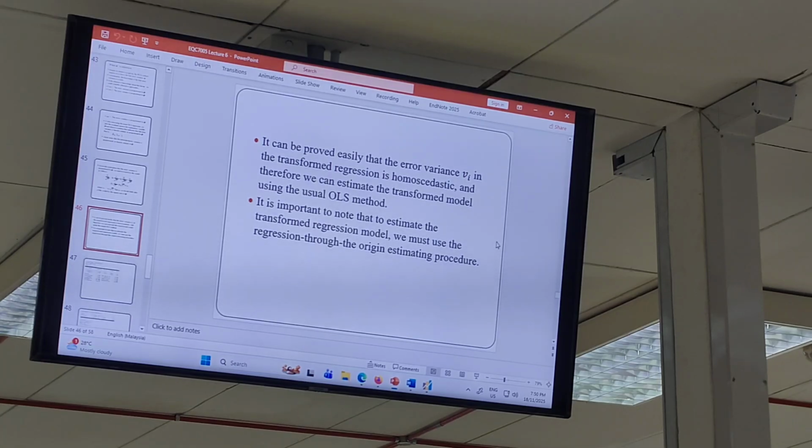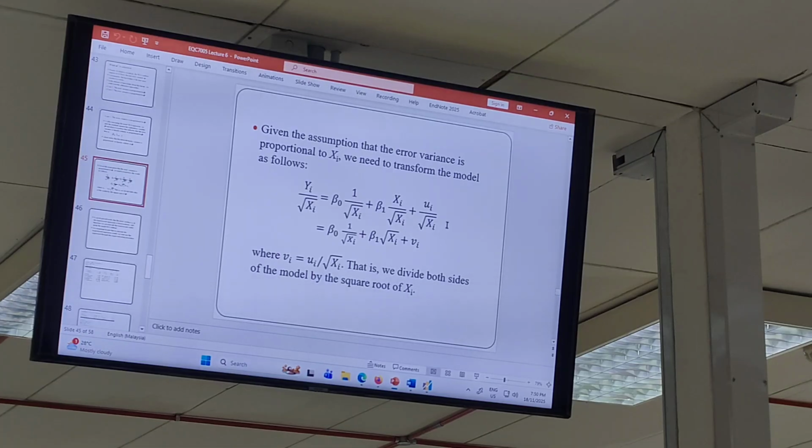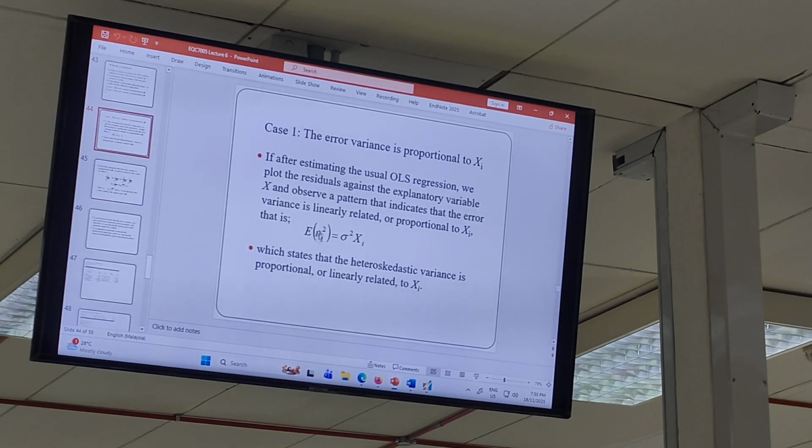So the reason for us to transform is that we want the new error term to have homoscedastic error variance, no longer heteroscedastic. Previously, as I mentioned before, the variance of ui is proportional to x, sigma squared xi.